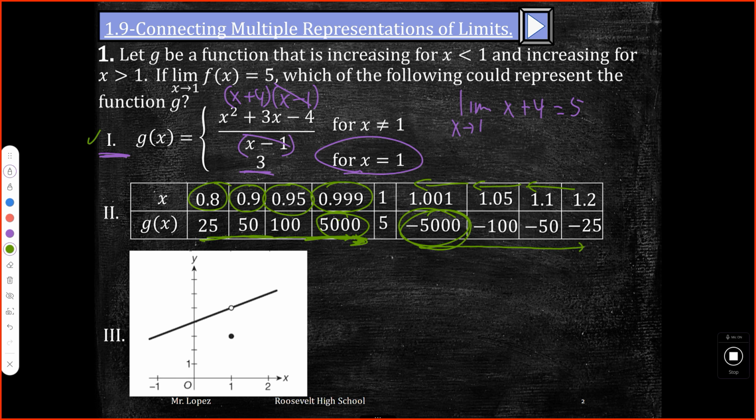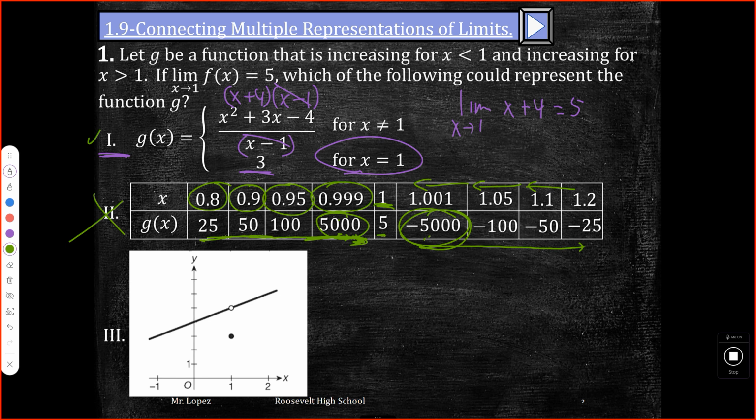So it is defined to be 5 at 1, but it doesn't even matter. This makes no sense. The limits are growing opposite, so this would not be a possible answer.